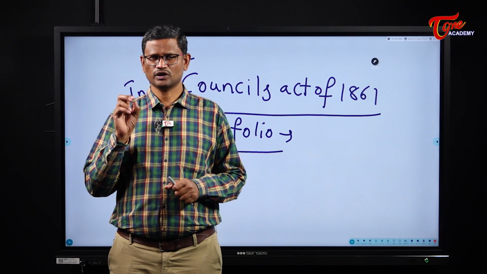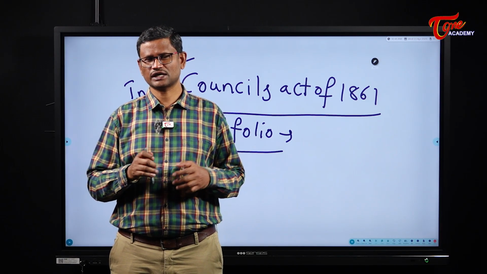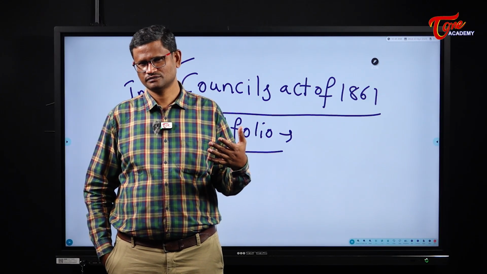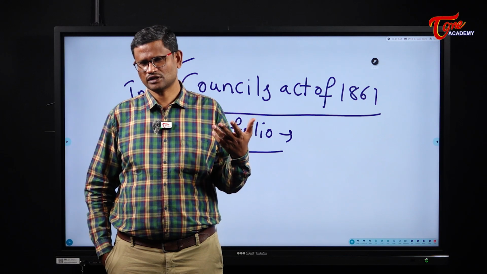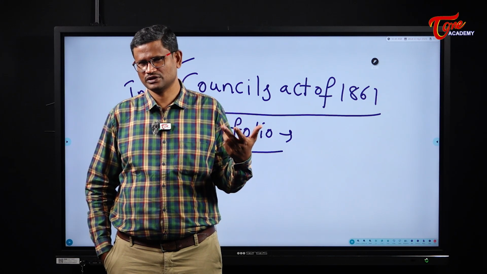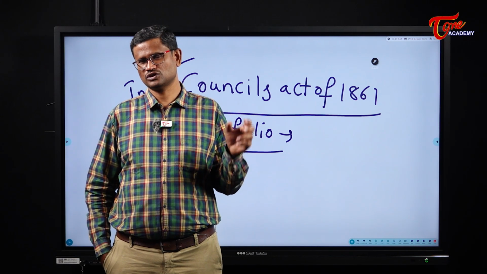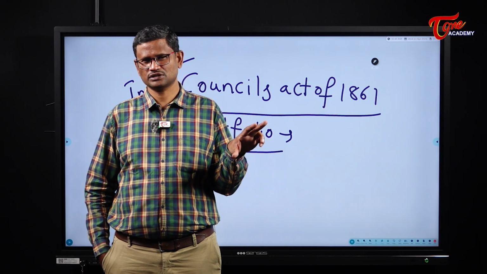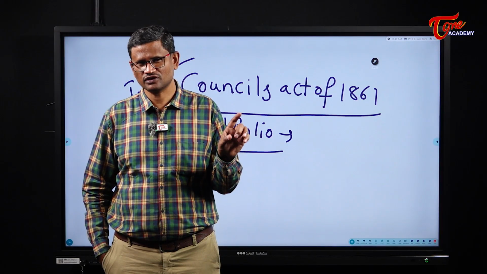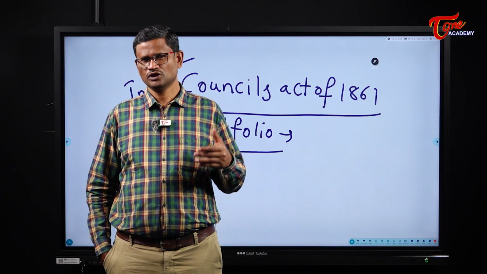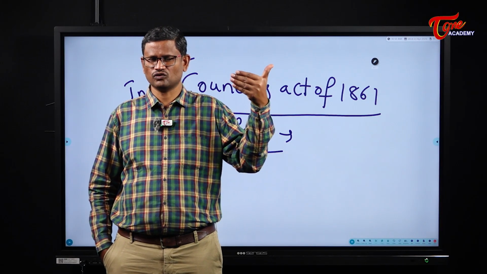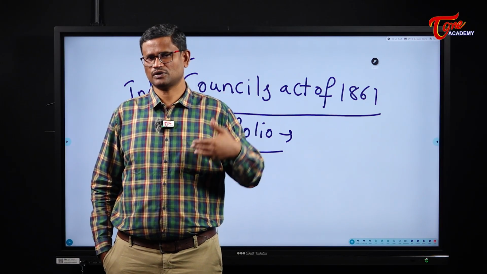One important feature of parliamentary democracy is the cabinet system, in which the executive functions are performed by a body called the Council of Ministers headed by the Prime Minister. So the Indian Councils Act of 1861 was important for laying the foundations for the cabinet system of government.